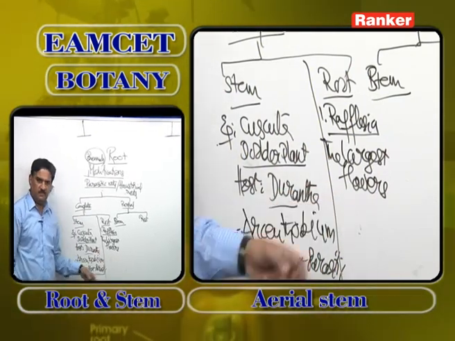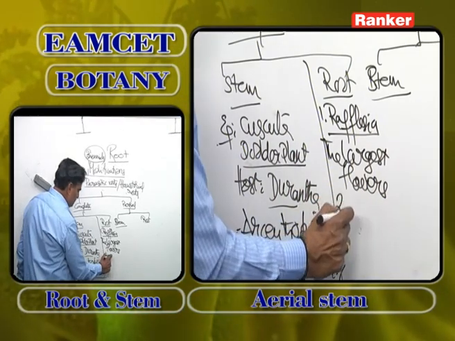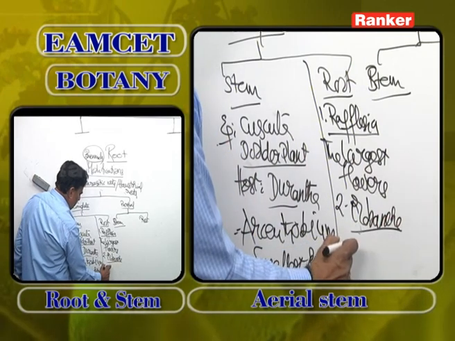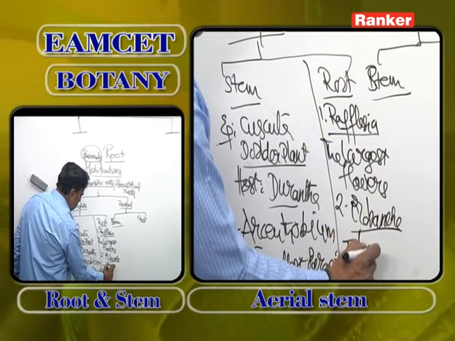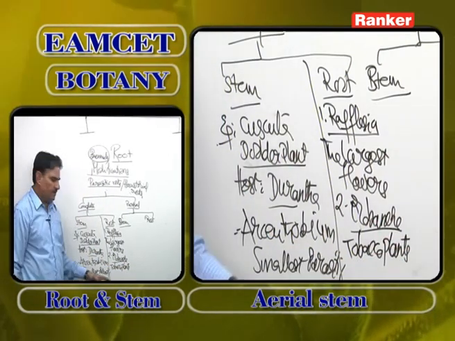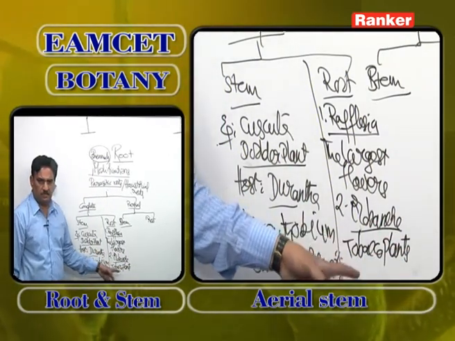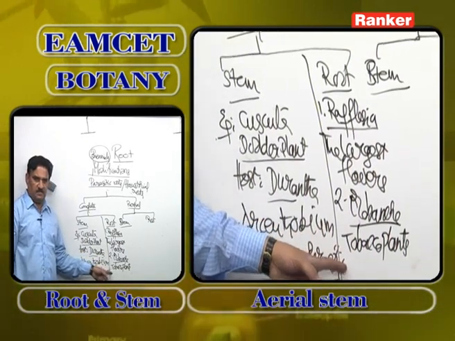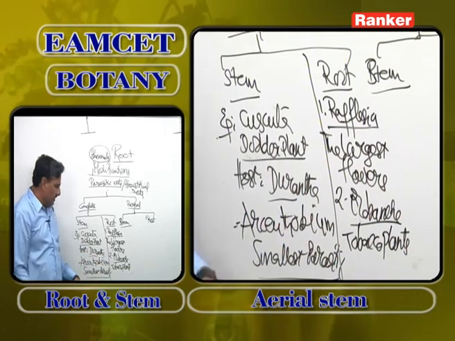Then Orobanche. Orobanche grows only on tobacco plants. This is an important point. The roots of tobacco plants are the places where Orobanche grows.